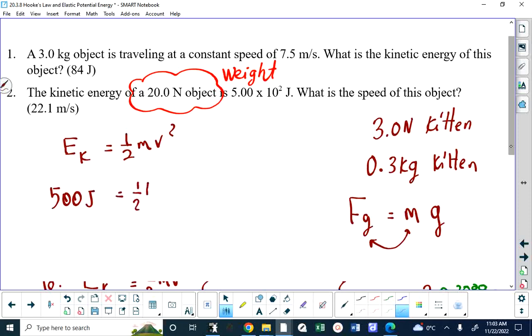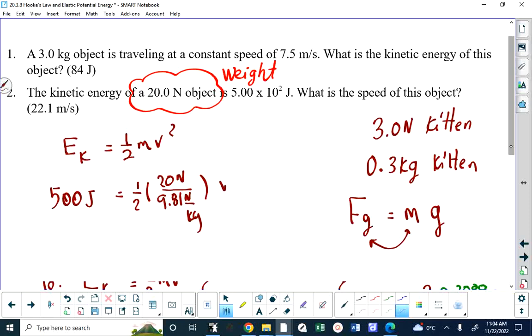We can put the mass in, which will be 20 newtons over 9.81 newtons per kilogram. You most likely would do that calculation elsewhere, like just off on the side. You understand why I'm taking 20 newtons divided by 9.81? And that's the mass. It's going to be very close to 2 kilograms.